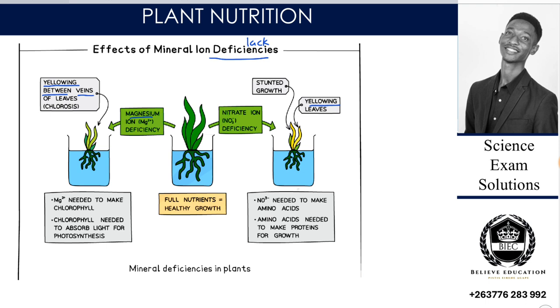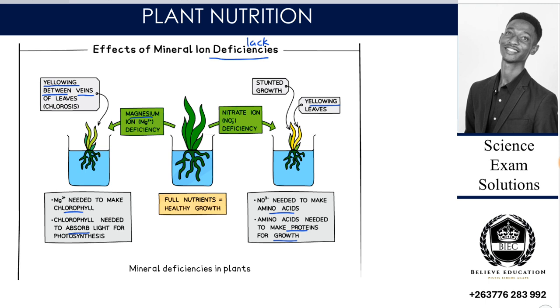So why? Because nitrate ions are needed to make amino acids. Amino acids are needed to make proteins for growth. Then here magnesium is needed to make chlorophyll. Chlorophyll is needed to absorb what? Light for photosynthesis. So if they lack those, we would find yellowing of the leaves between the veins for magnesium, which is chlorosis.